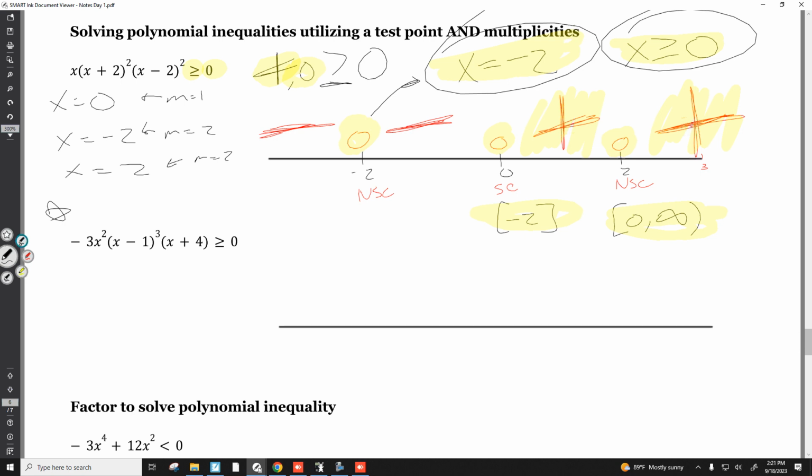Yes, now answer the question. The multiplicity is 1. So it would have a sign change.